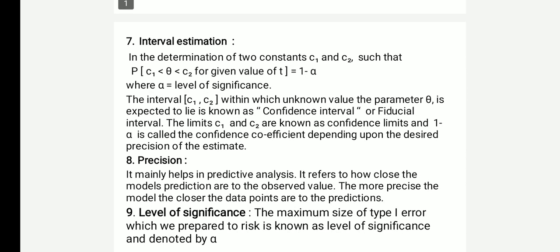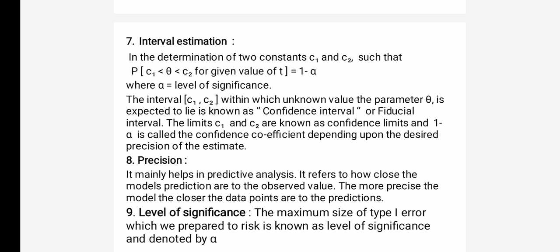Next, interval estimation. Interval estimation is the determination of two constants C1 and C2 such that the probability of C1 less than theta less than C2 for a given value of t equals 1 minus alpha, where alpha is the level of significance. See, that is C1 and C2, or the range.